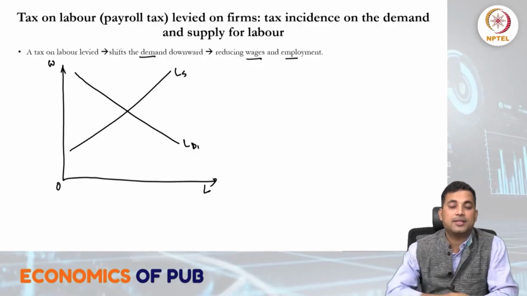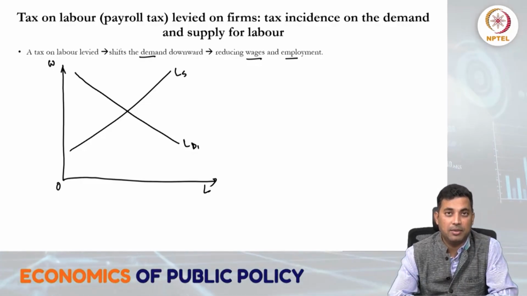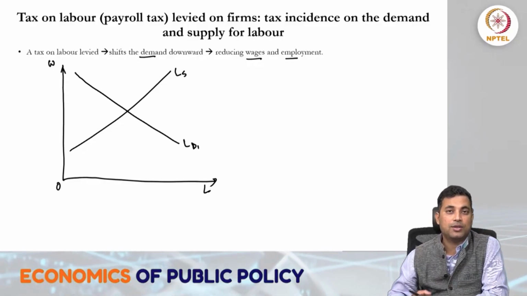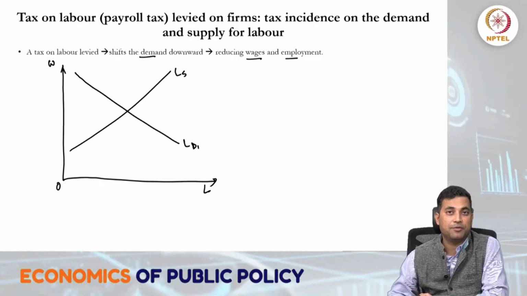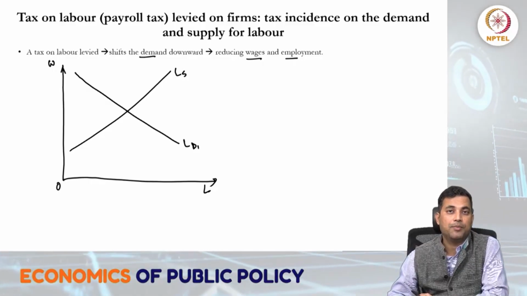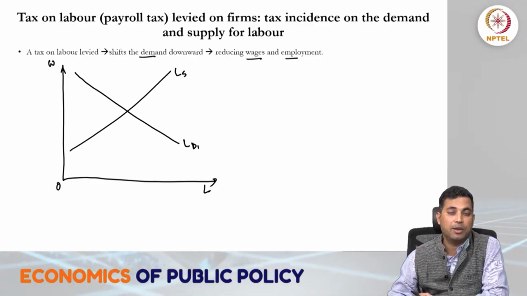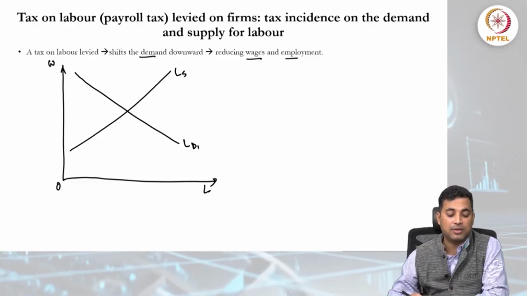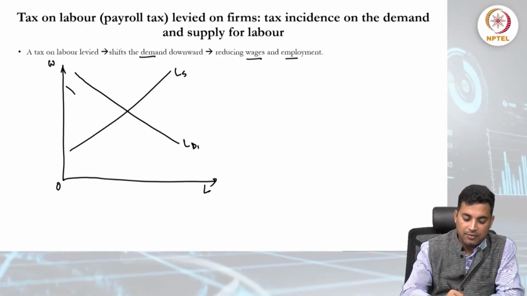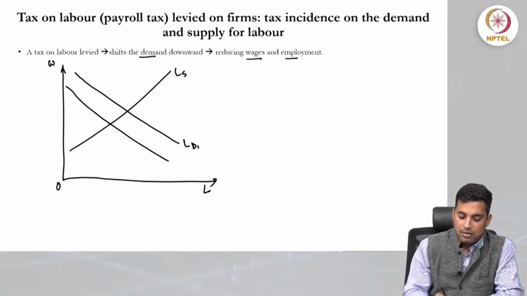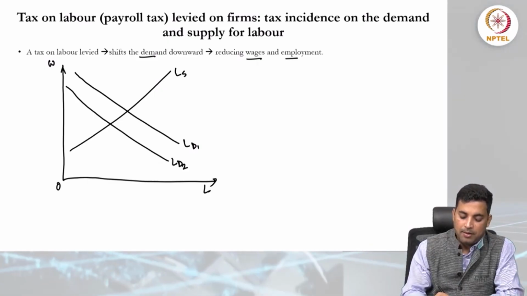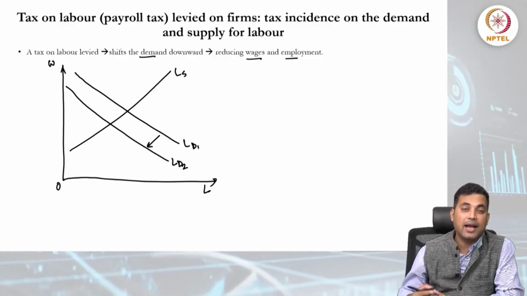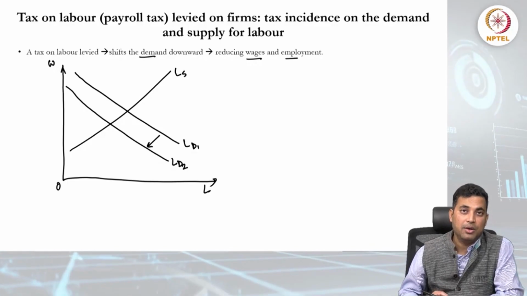So now if tax is imposed or levied on labor, then obviously the labor cost from the firm's point of view, the cost of production, will also increase. In this case, if tax is imposed on labor, the labor demand curve will shift downward, because producers will react that way and the demand for labor will be low.